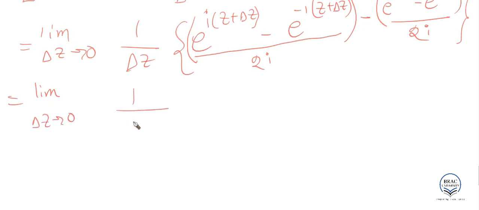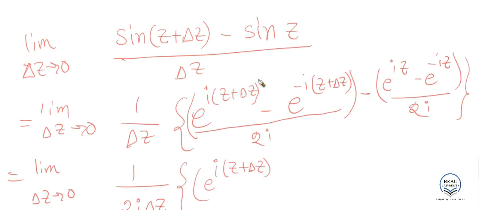This is just 2i del z, and what we have here is e to the power i times z plus del z. Let's keep it that way because we are going to use a trick. And here you can see there is a term, let me highlight it, this term, and we are going to bring this term next to this term.